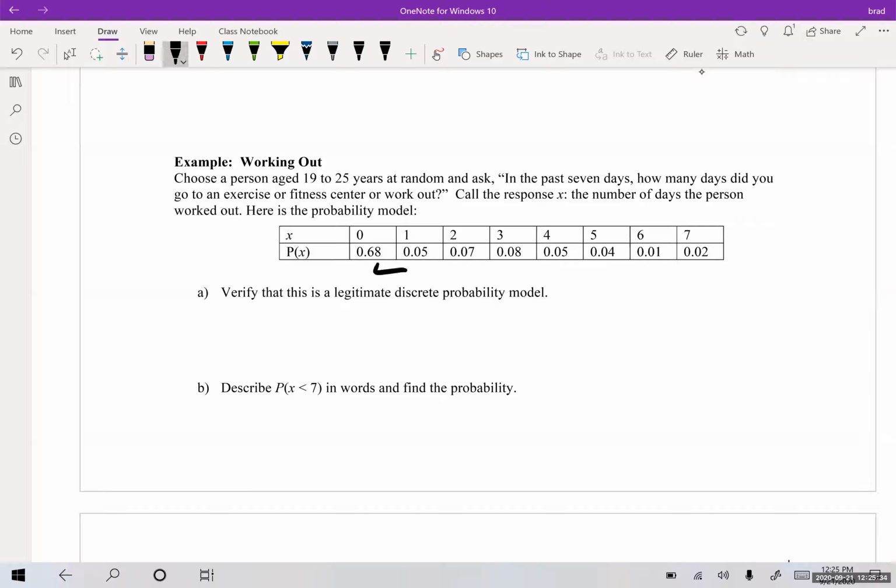So if we add these up, that'll be 0.73. These two combined with this one, that will be 0.2. This and this will be 0.05. And then, well, I guess we'll do all three of these. 0.07.